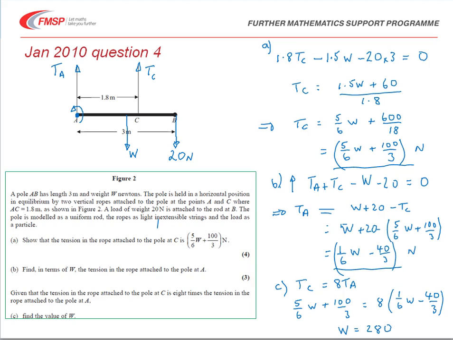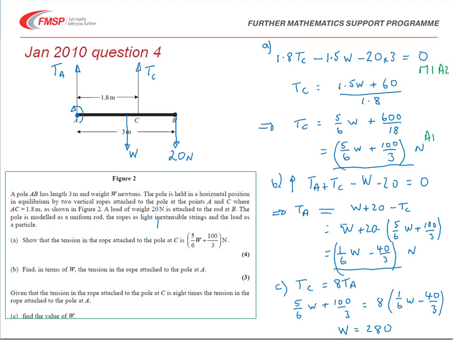Okay, looking at the marking for this, in the first part of the question there's a method mark for taking moments, and then 2 marks for getting the correct moments equation. Having done that, an A mark for solving that and showing the correct solution.